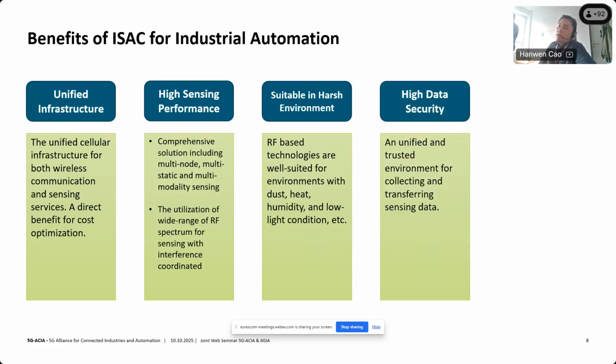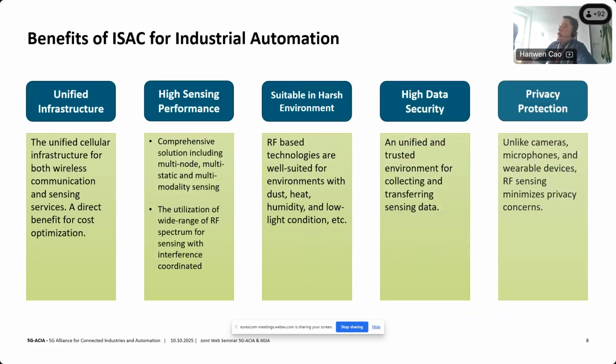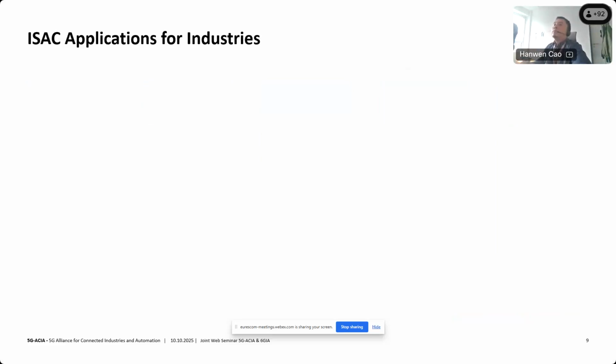We can also leverage the ever-evolving security mechanisms from the 3GPP technologies to guarantee our data security. And for primarily RF sensing by ISAC, it is also a good means to protect privacy, because compared with other optical or audio sensing technologies, RF sensing can somehow minimize the privacy concerns by its physical nature.